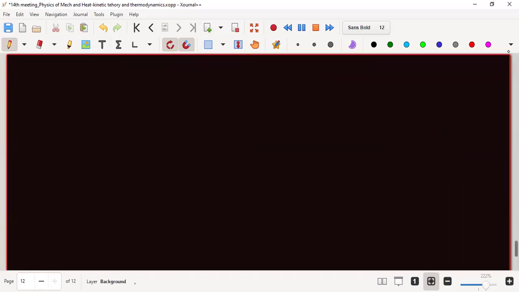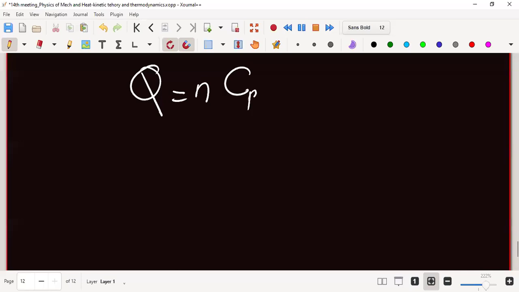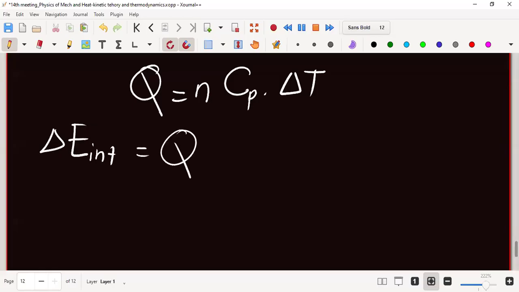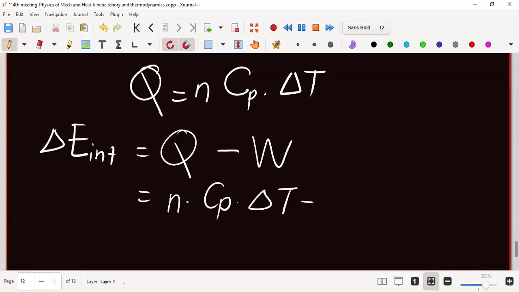By the equation, Q is n Cp delta T. This is the heat at constant pressure, and then delta E, the internal energy change, is Q minus the work: n Cp delta T minus P delta V.